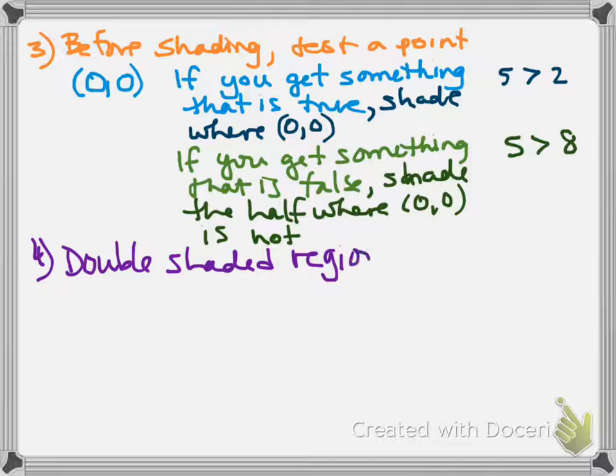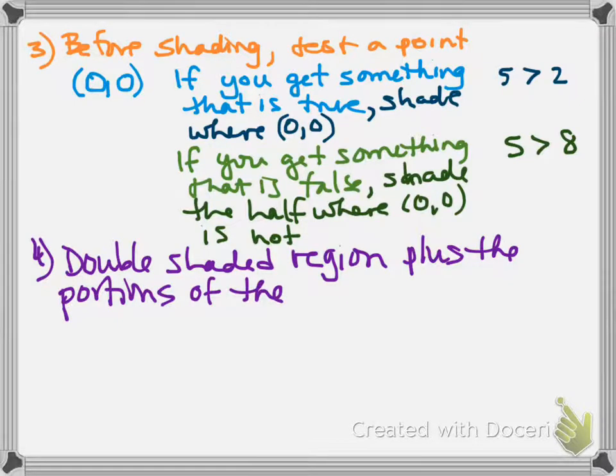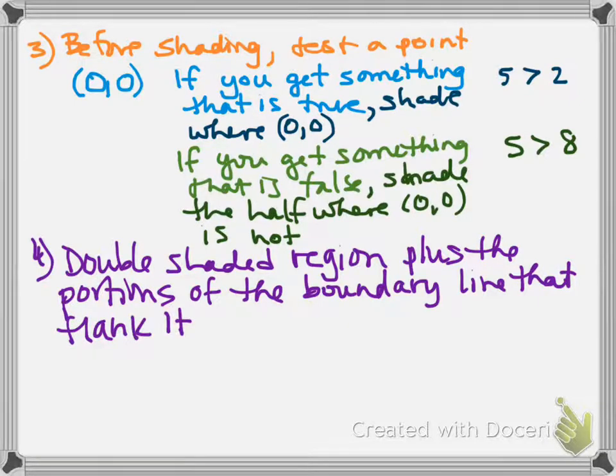Now what's interesting is that it's bordered by parts of our boundary lines, and that's part of the solution as well. So the double shaded region plus the portions of the boundary lines that flank it is the solution.